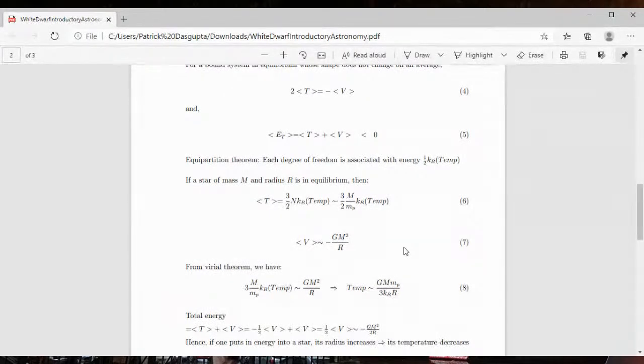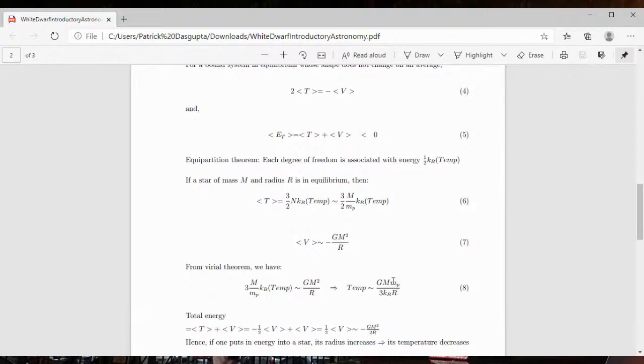Remember the examples of the red giant and the white dwarf I talked about. I said when the sun becomes a red giant, the radius becomes very large, and it becomes redder. Why does it become redder? Because of this result, temperature goes down with the size of the star.